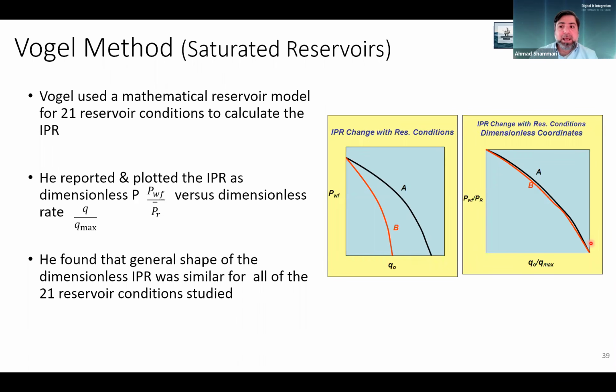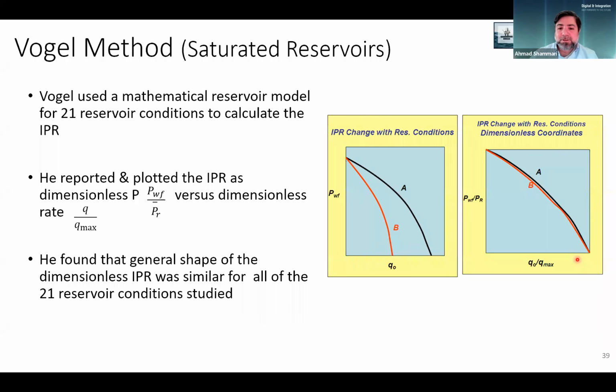Okay, and it was an excellent finding, because what he did then was come up with a mathematical representation of this new curve. Okay, so this is what he did, right?